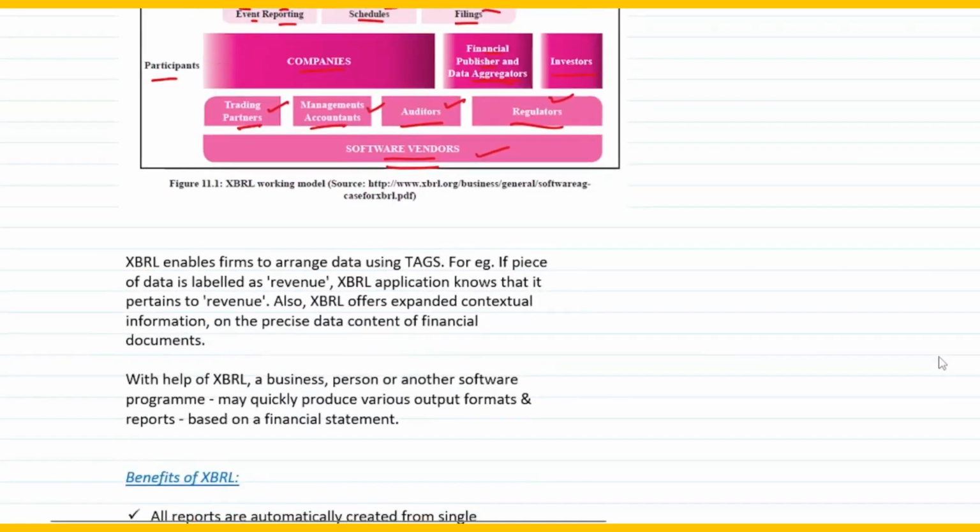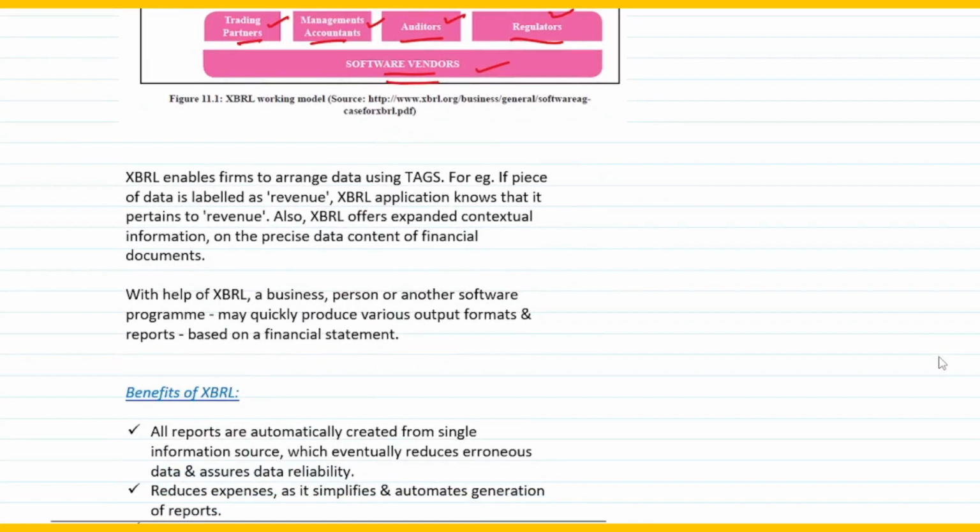Okay, let's learn more about XBRL. Now basically XBRL enables what? It enables a firm to arrange data using something called tags. You attach tags to files, so that tagging is what it is talking about. How do they arrange data? They use a concept called tags.